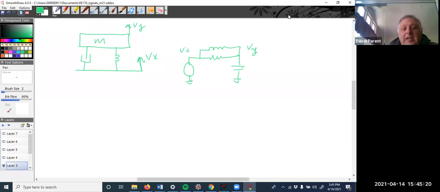Right? Well, now let's think what happens. What if, again, B equaled infinity? It passes everything, right? So that means R equals 0.